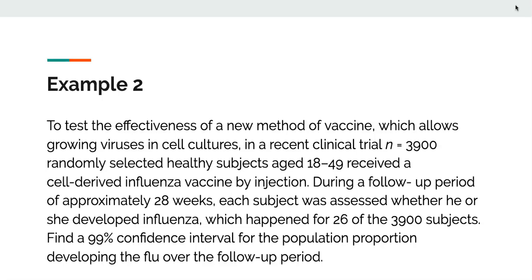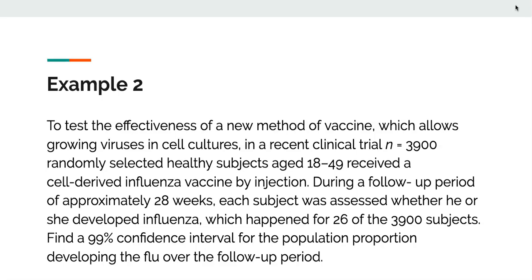It's a big sample size, guys. Remember, sample size is 3,900. During a follow-up period of approximately 28 weeks, each subject was assessed on whether he or she developed influenza.